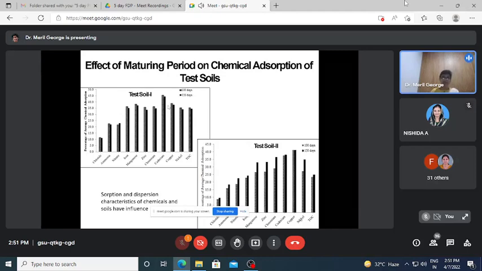And when we consider test soil 2, with 50 days maturing period, a slight increase in the chemical concentration was observed, and this may be due to the difference in absorption and dispersion characteristics of chemicals at test soil 2.